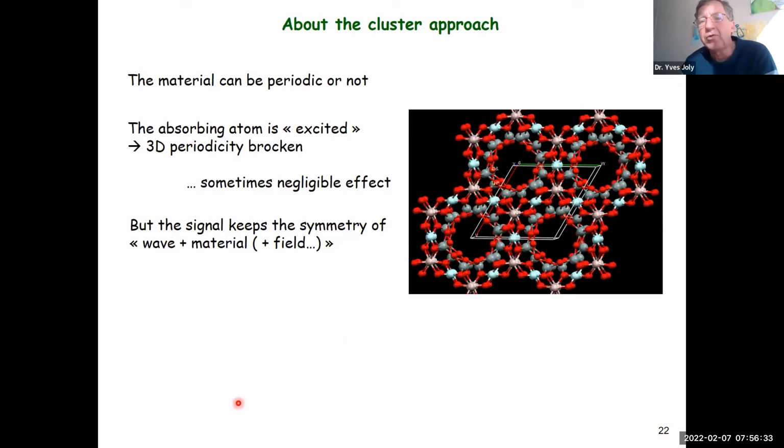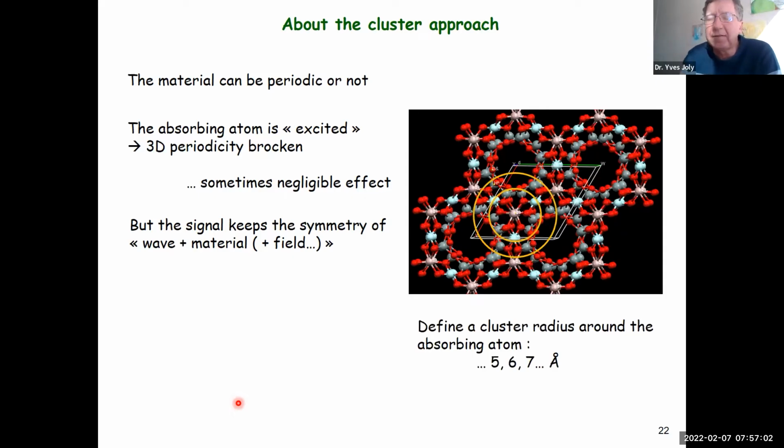About the cluster approach, sometimes it's surprising that the calculation can be done just for a cluster, even if we have a 3D material. In fact, both approaches, using band structure, using the periodicity, so working in reciprocal space, or the cluster approach, are equivalent if the cluster dimension is sufficient.